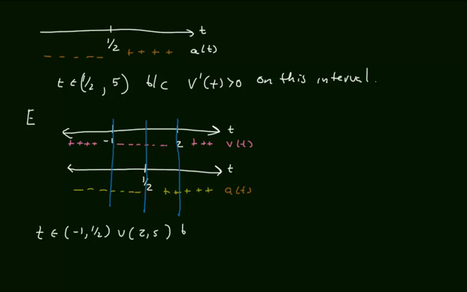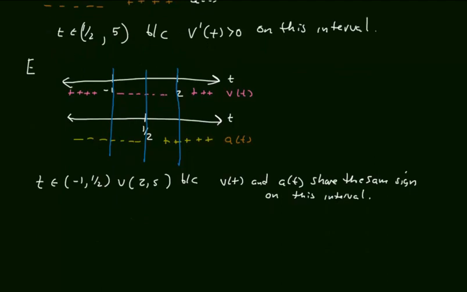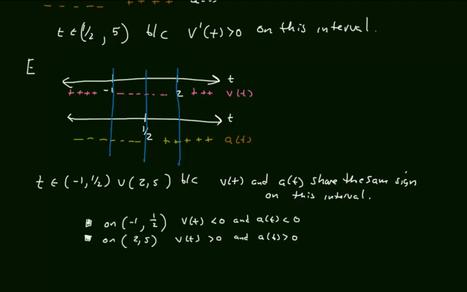And that's because v of t and a of t share the same sign on this interval. That's the general part, and now the annoying specific part. We write these on -1 to 1/2, v and a are both negative. On 2 to 5, v and a are both positive, answering the question in its entirety.